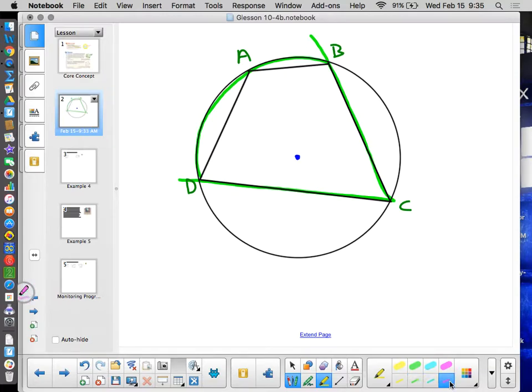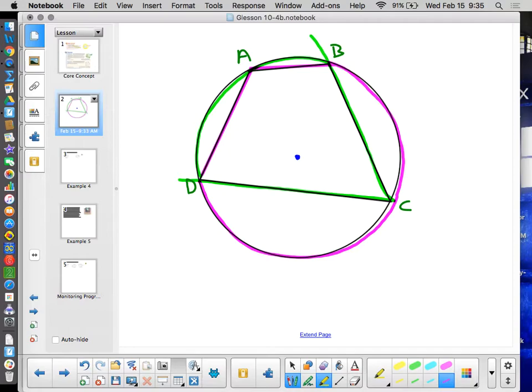If I look at the opposite angle, angle A, and I look at what arc that intercepts, again, I don't know the measure of angle A. I don't know the measure of arc BCD, which is obviously in this case a major arc. It's more than half the circle.